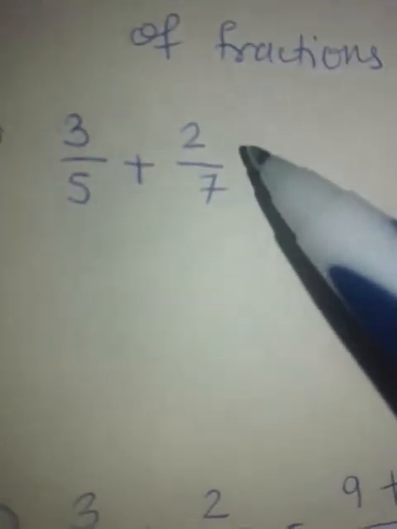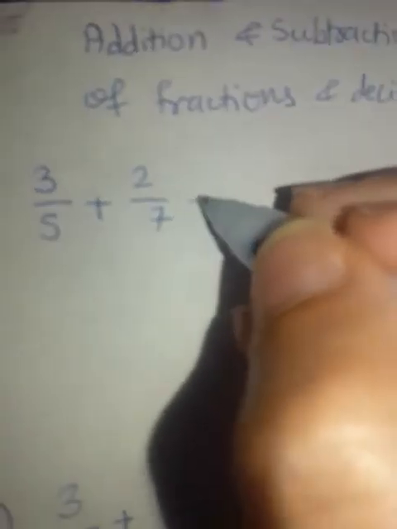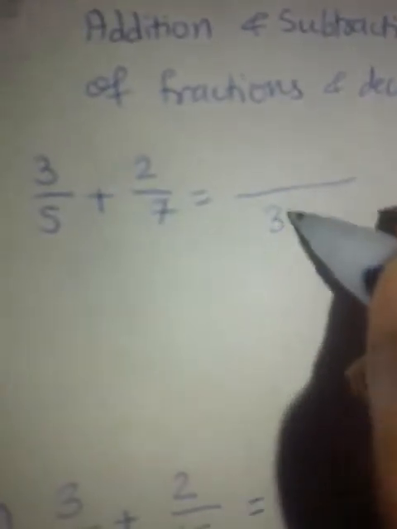3 upon 5 plus 2 upon 7. What is the LCM of 5 and 7? Since they are prime, their LCM is going to be their product, that is 35 itself. That means the relation between 5 and 35 is 5 7s and this is 7 5s.